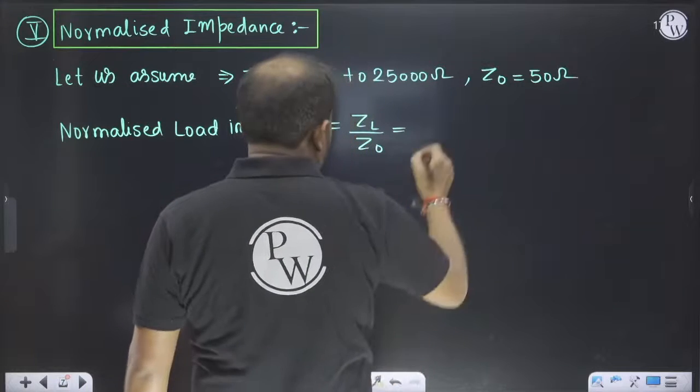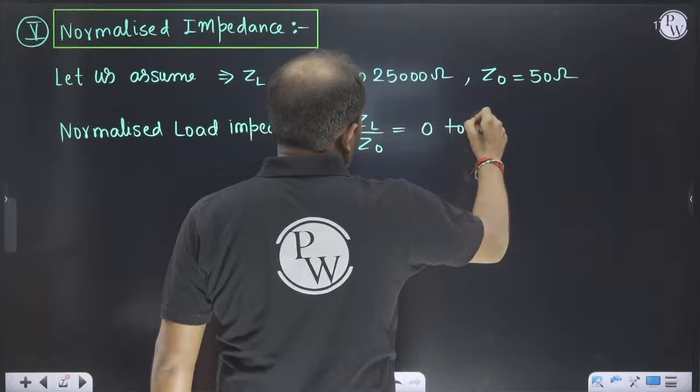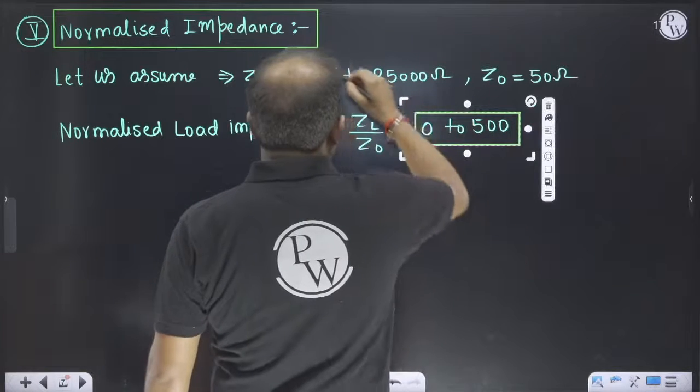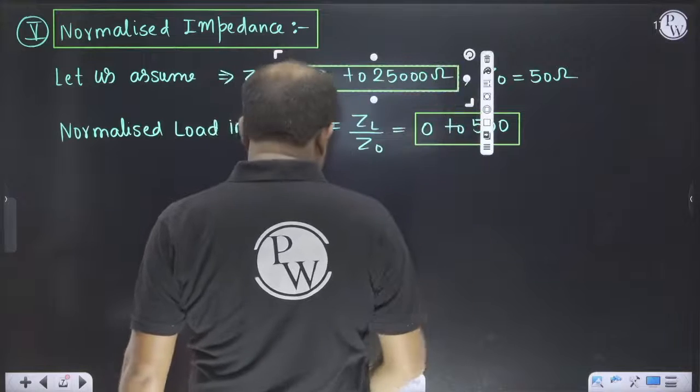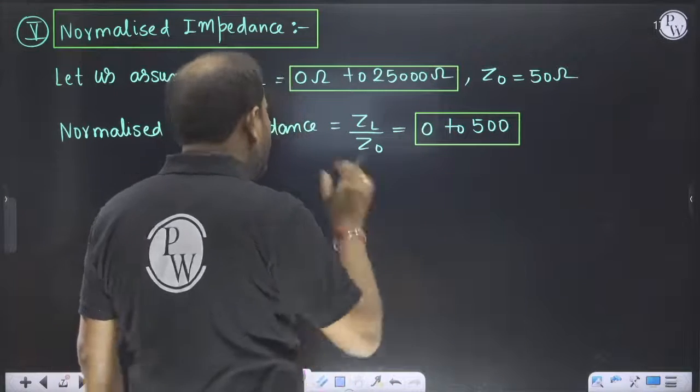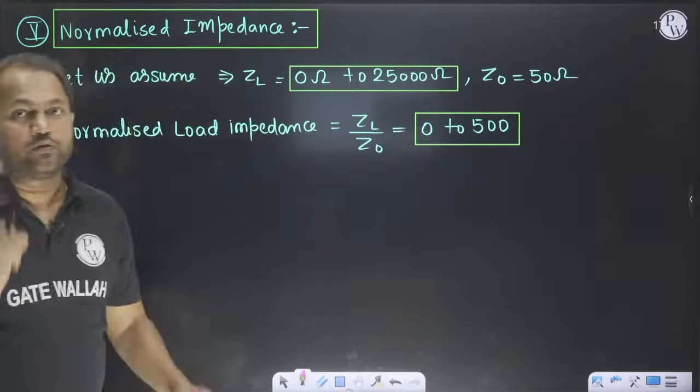So this range will become small. We can say that the range is reduced because of normalization.